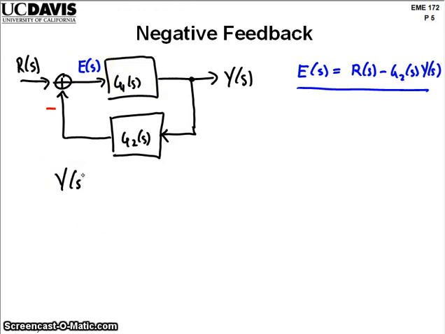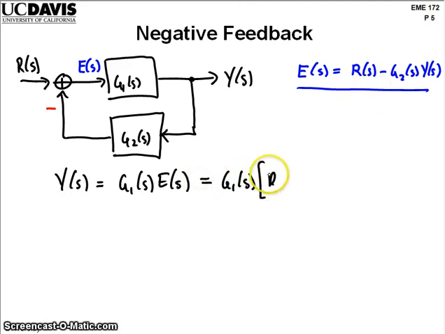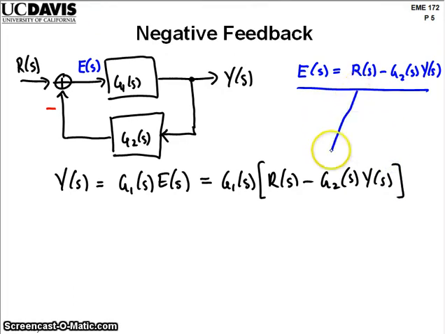Y is equal to g1 times E. Okay, and I'm going to substitute in the expression that I found for E. So I write it as g1 of s times R minus g2 times y.